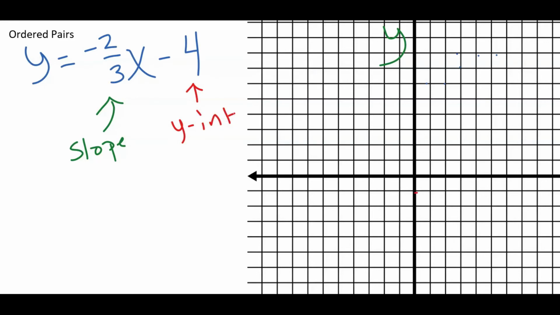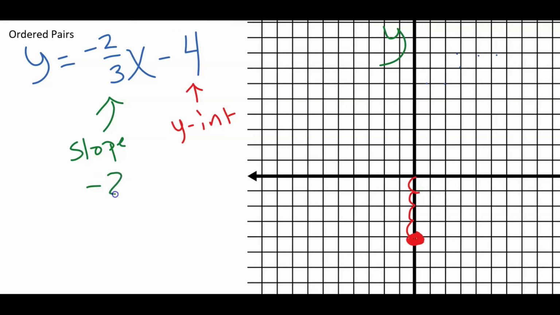So I'm going to start at negative 4. From the origin, that's 0 in the middle of the y-axis, I'm going to go down 4 spaces: 1, 2, 3, 4. That's my y-intercept at negative 4 on the y-axis. And then the slope is just telling us where to go. The negative is up there with the 2. One of those numbers is going to be negative.